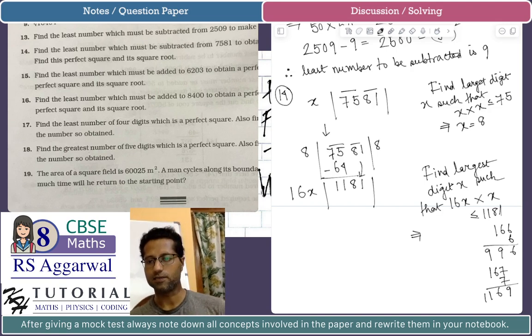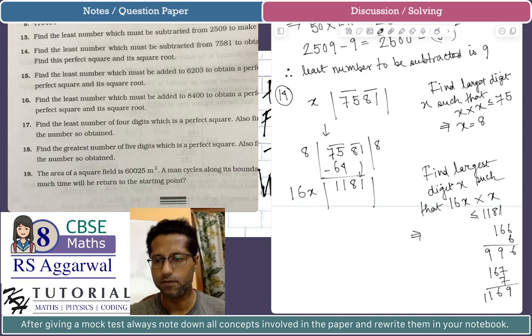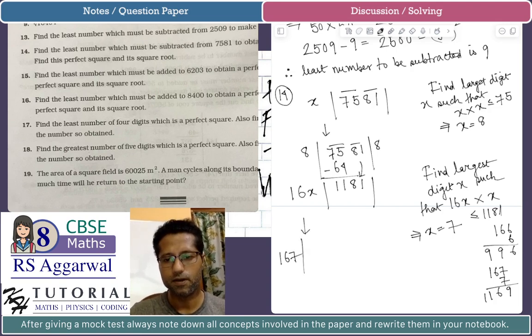If you select x as 7, 167 multiplied by 7 becomes 1169. Yes, so definitely x will be 7. So we get 167, and we have 1181.